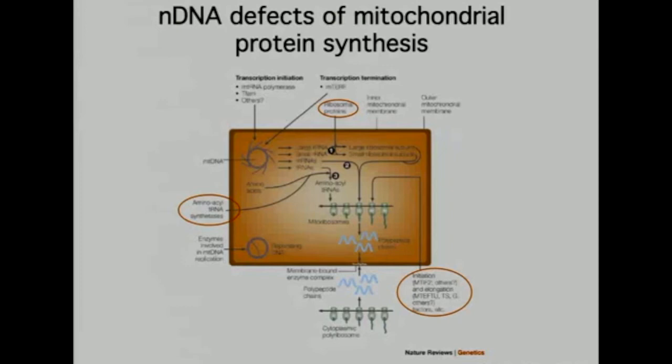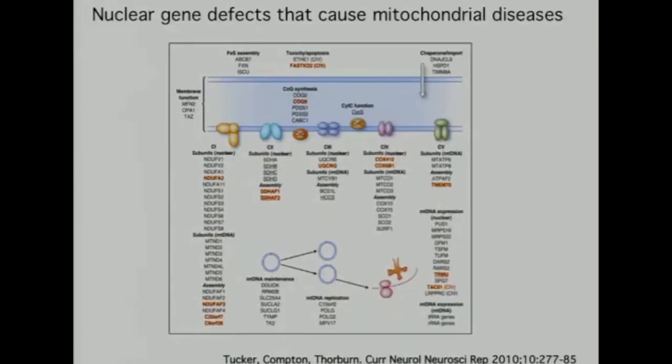And these are all encoded by nuclear DNA. So there are 2 levels of hits on these respiratory chain enzyme complexes. Just like mitochondrial DNA affects protein synthesis, nuclear gene defects can affect mitochondrial translation in many other ways besides through tRNAs and ribosomal RNA defects, through factors required for elongation and termination of translation.